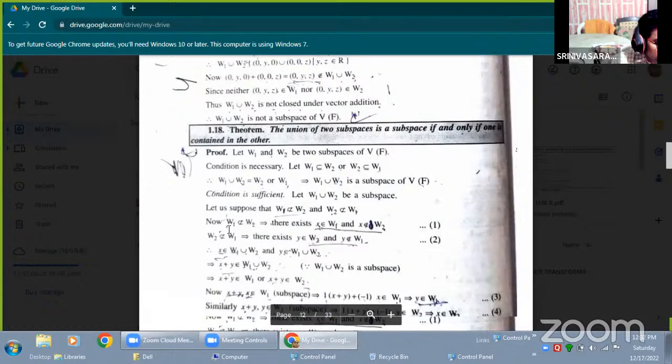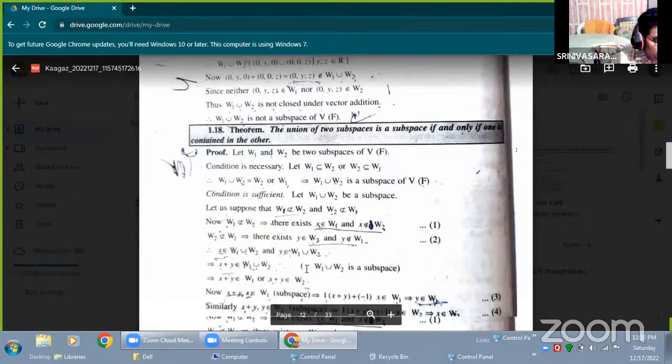Suppose x belongs to W1, but x is not in W2. In the same manner, W2 not contained in W1 means there is y belongs to W2, but y is not in W1. These are the two conditions.